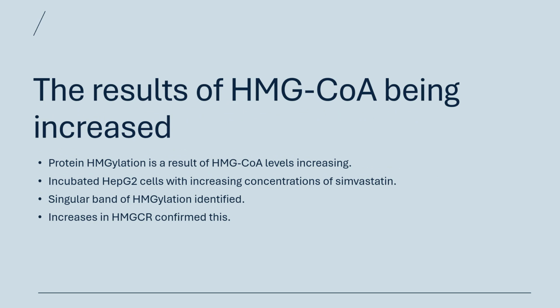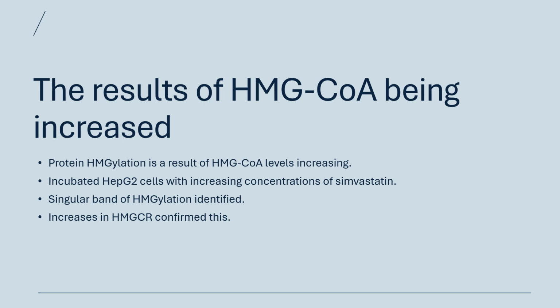So next, they wanted to see if increases in HMG-CoA resulted in protein HMGylation. And so they incubated HepG2 cells with increasing concentrations of simvastatin across several time points, while using an antibody recognizing HMG-lysine.